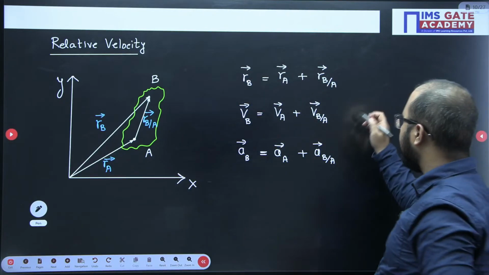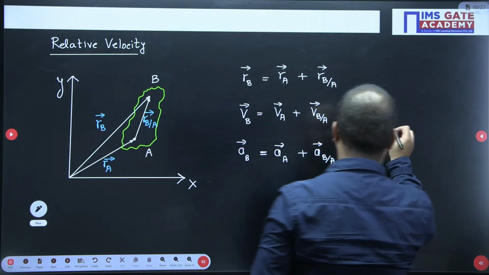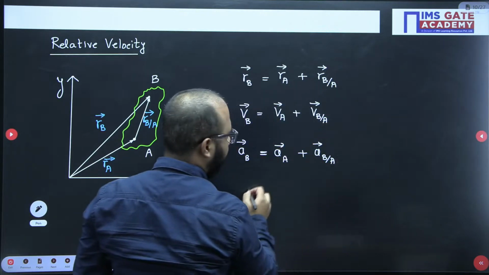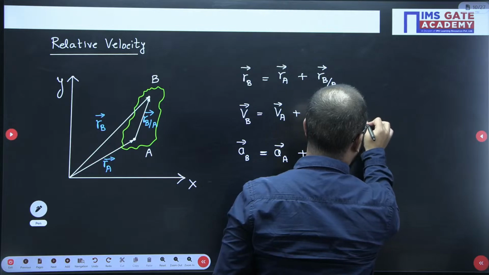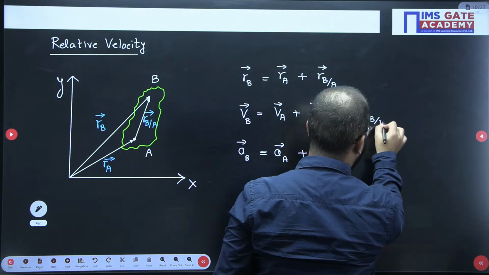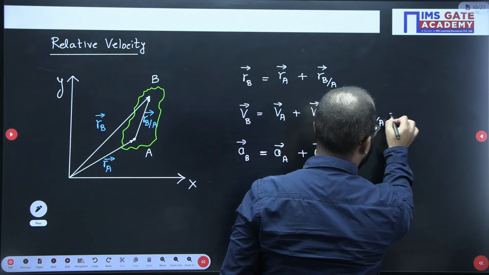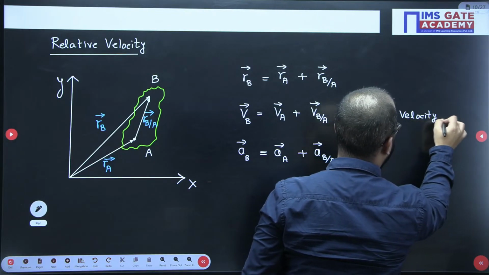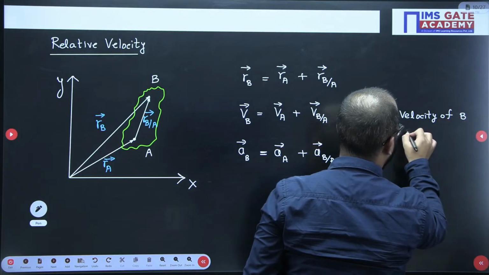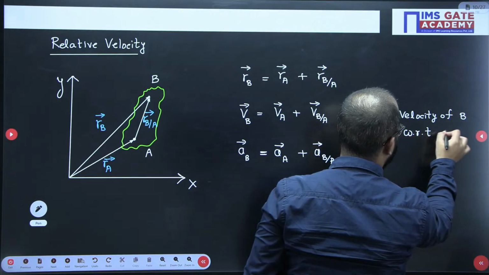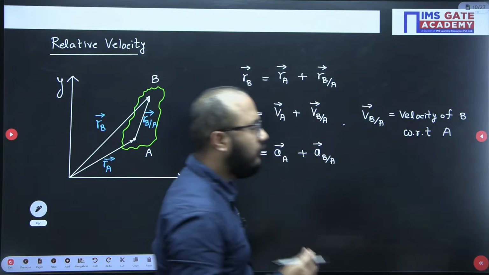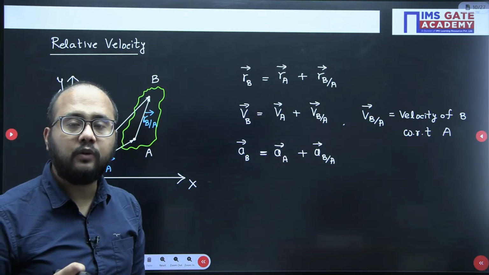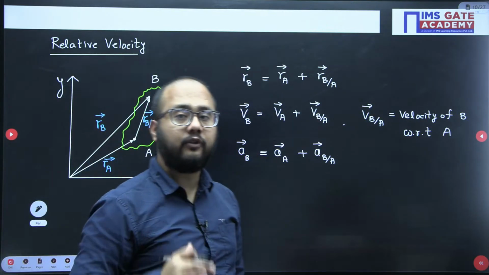So you should understand when I am writing this, let me write it here. This is the velocity of B with respect to A. Velocity of B I am writing with respect to A, which means A becomes my reference point.